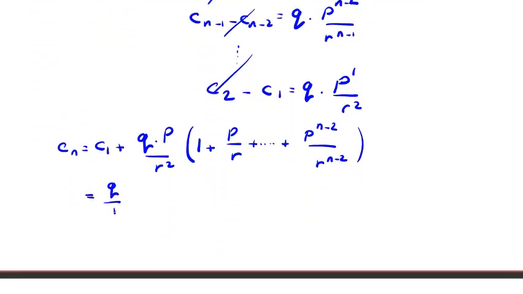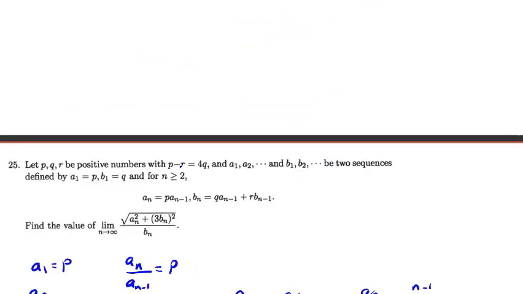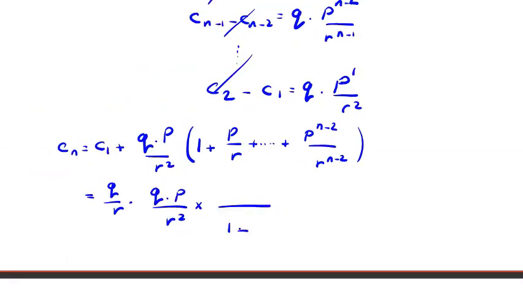Let's calculate q over r times q times p over r squared times 1 minus. So let's see the relationship between p and r. They are positive integers, so p is greater than r. So because p is greater than r, we can write p over r minus 1 and p over r to the power of n minus 1 minus 1.